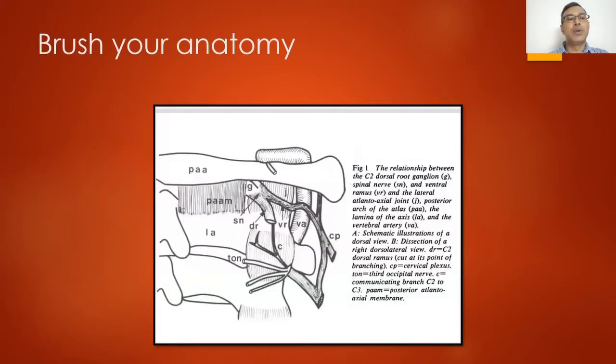So before we go on to the interventions per se, let us brush up our anatomy. In the middle of the atlantoaxial joint is the C2 ganglion, and at the lateral edge of the atlantoaxial joint lies the vertebral artery.